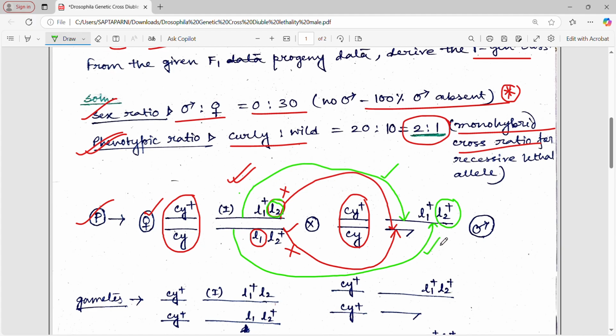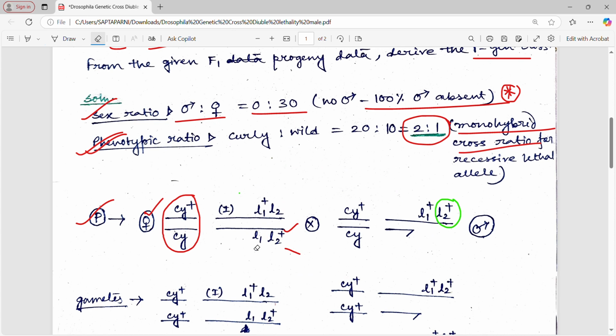Got it. Now another very important thing to notice is that I have taken an I here on the X chromosome of the mother. What is this I? This I is the inhibitor of recombination. See, L1 and L2 alleles are present on the same chromosome, so there is a chance of recombination between these two loci.